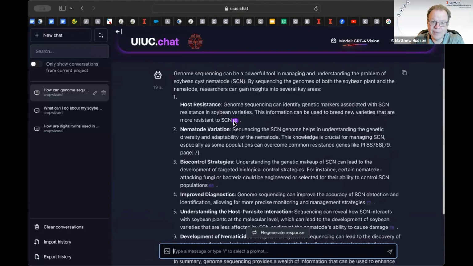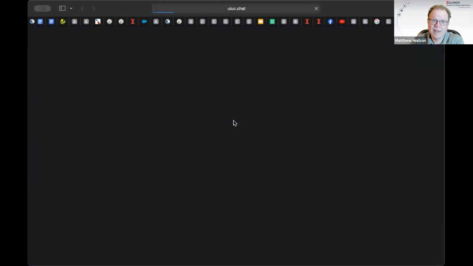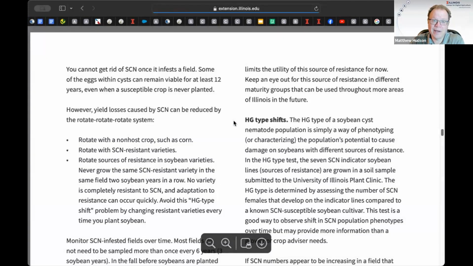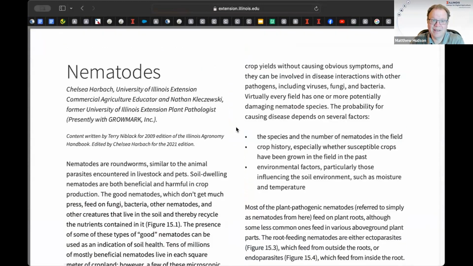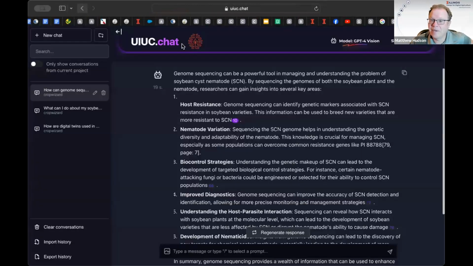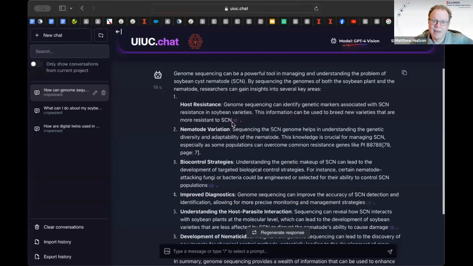We can go to number 10 there, and that'll show you exactly where it got that information from. It goes to the right page of this extension document from Terry Niblack for the Illinois Agronomy Handbook, but it doesn't only use Illinois information, it uses everything we can get from all of the land grant extension websites.